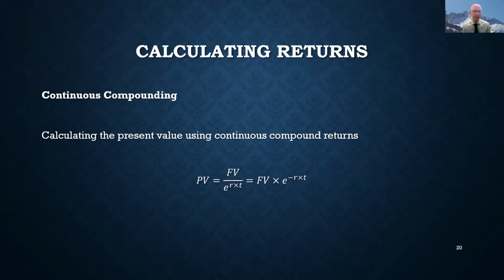So future value divided by e to the RT is the same as future value times e raised to the power of minus RT. Those two are the same equation. Now, the second form of the equation is probably a little bit easier to enter into your calculator, so have a think about doing that.